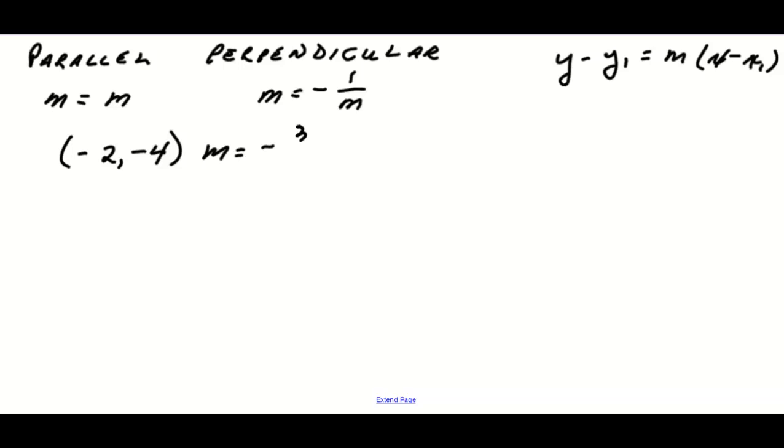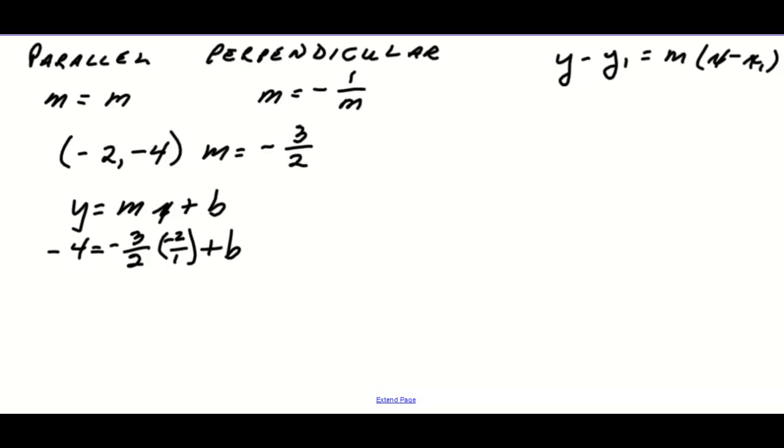of -3/2. This one should be easy for you to do because we just plug into the y equals mx plus b those things that we know, y being -4, equals our m is -3/2 times x, which happens to be -2/1, plus b.